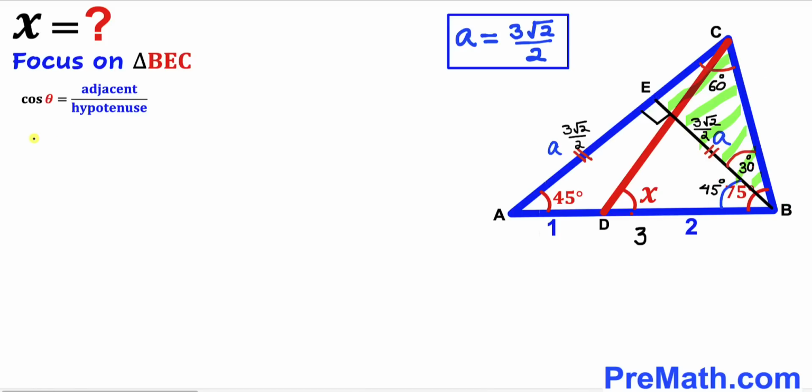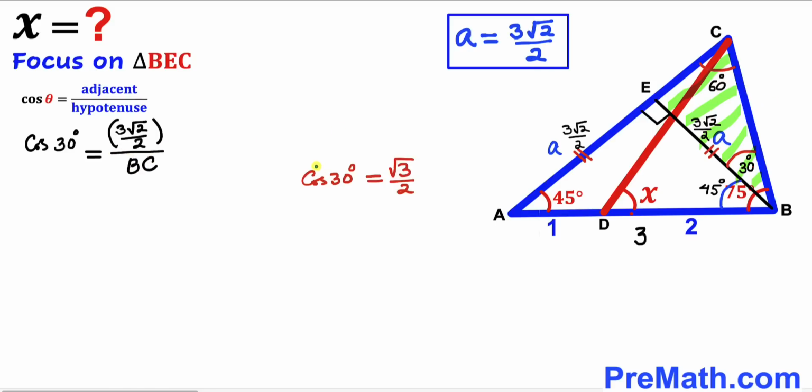So for cosine of 30 degrees, our adjacent side is 3 times square root of 2 divided by 2, and then our hypotenuse is BC. So I'm going to divide this one by BC length.